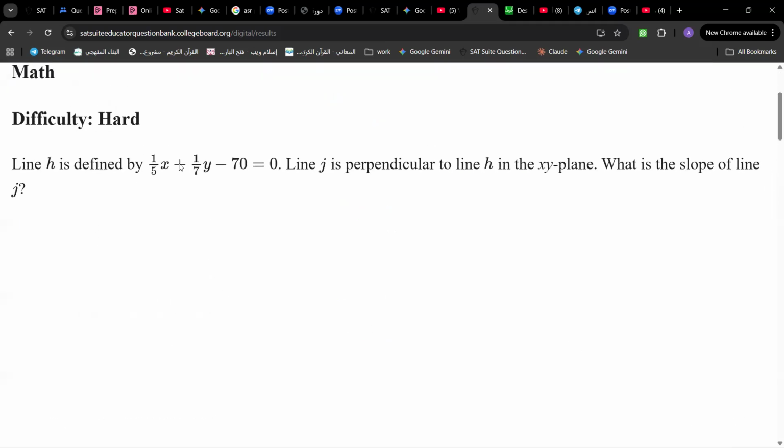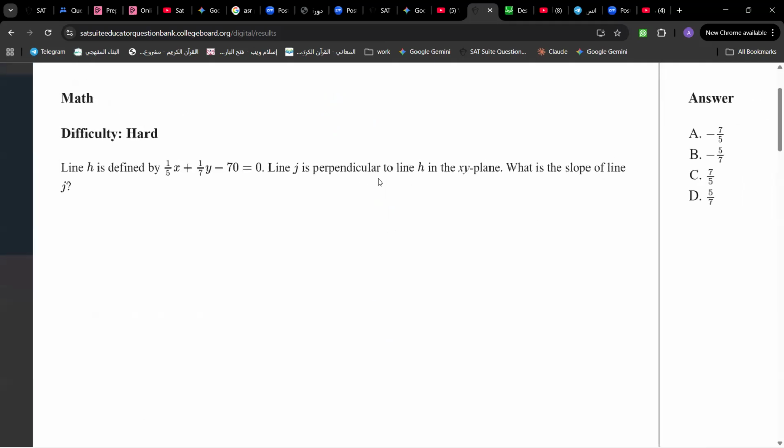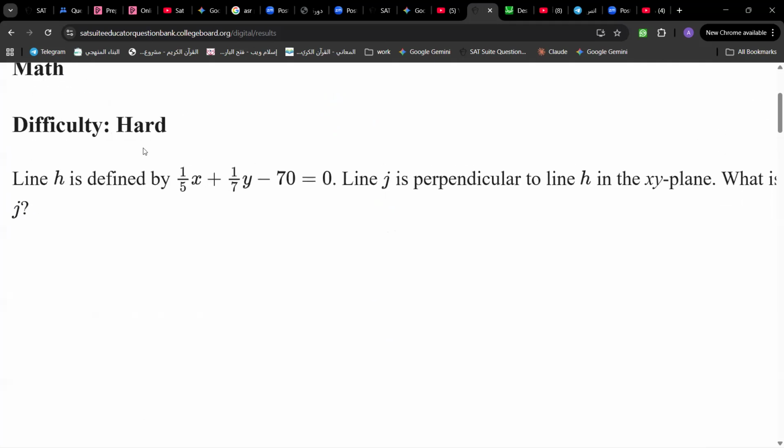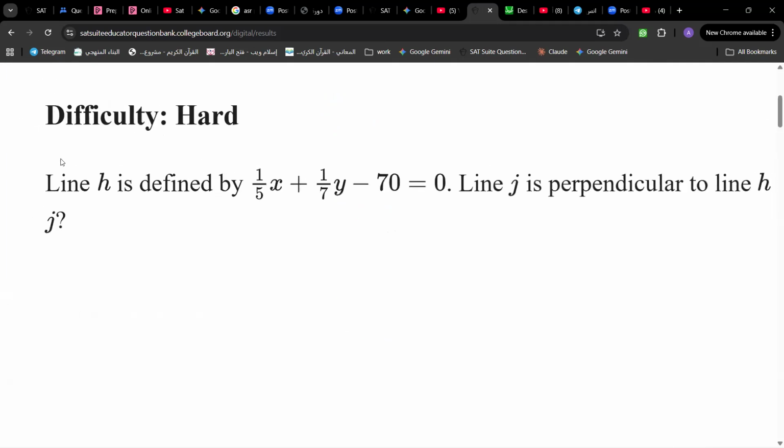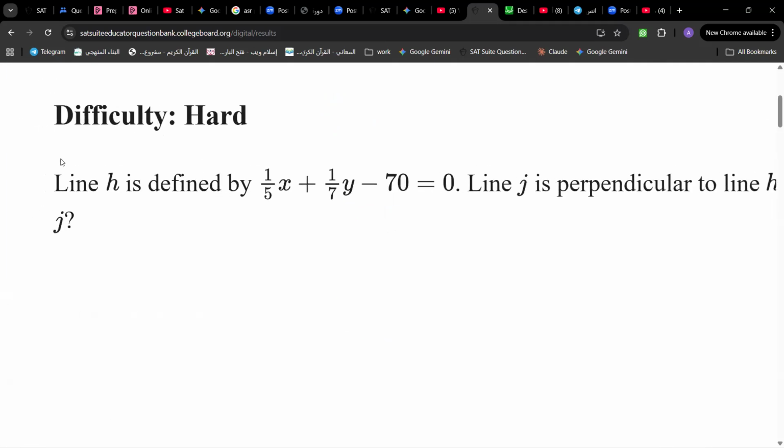Line h is defined by this. Line j is perpendicular to line h. What is the slope of line j? Same question. We'll shift this to the other side and get our form.